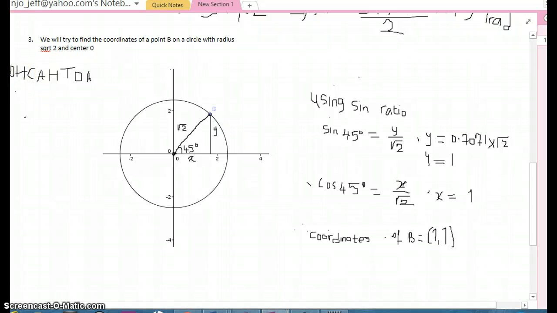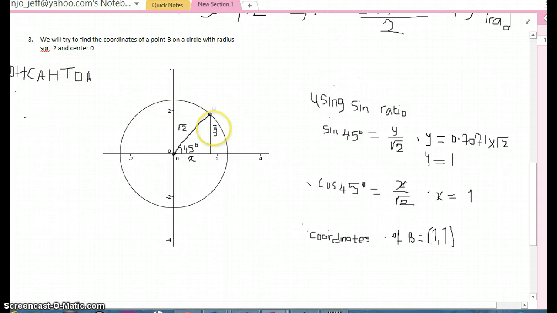So if you are given a side y, the opposite, and you have the hypotenuse, which here is root 2, then you use the sine ratio. When you are given the adjacent and the hypotenuse, you use the cosine ratio, which is CAH, adjacent and hypotenuse. When you are given the opposite and the adjacent, you use the tangent ratio.